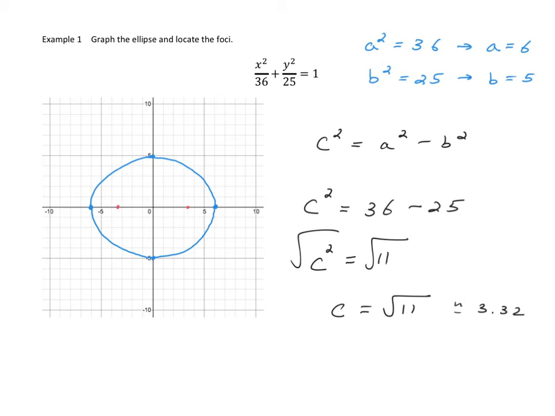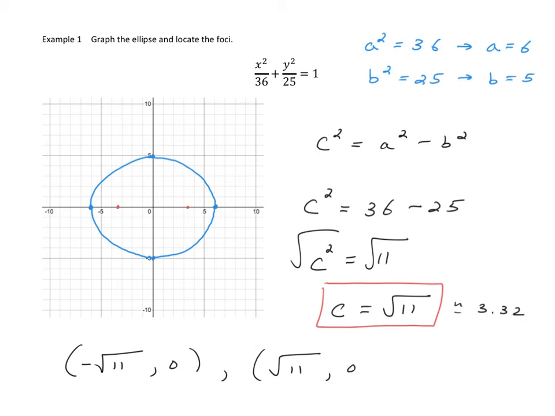Not perfect, but this is the exact value of c. This means the foci are located at negative the square root of 11, 0, and also positive the square root of 11, 0. So these are the foci. There are two of them, and they fall on the major axis, which is this x-axis.